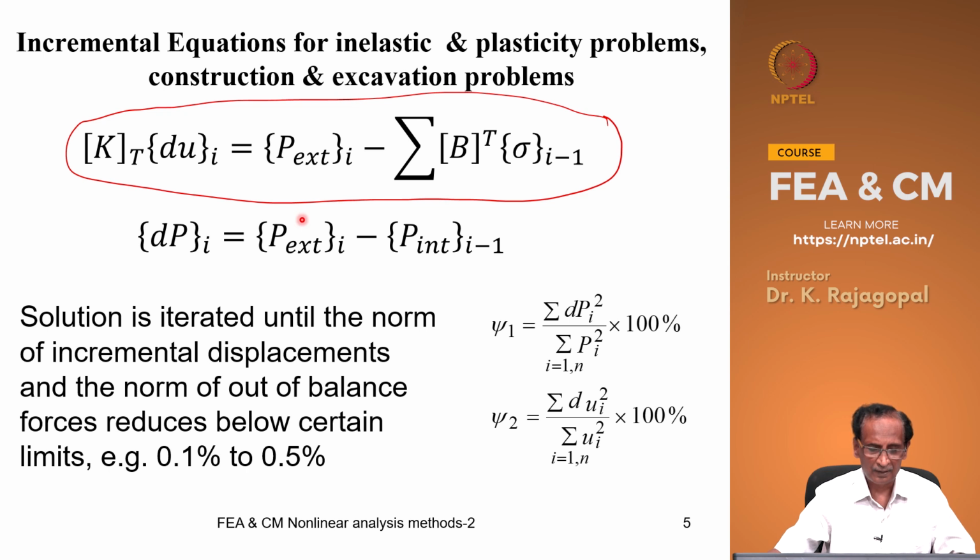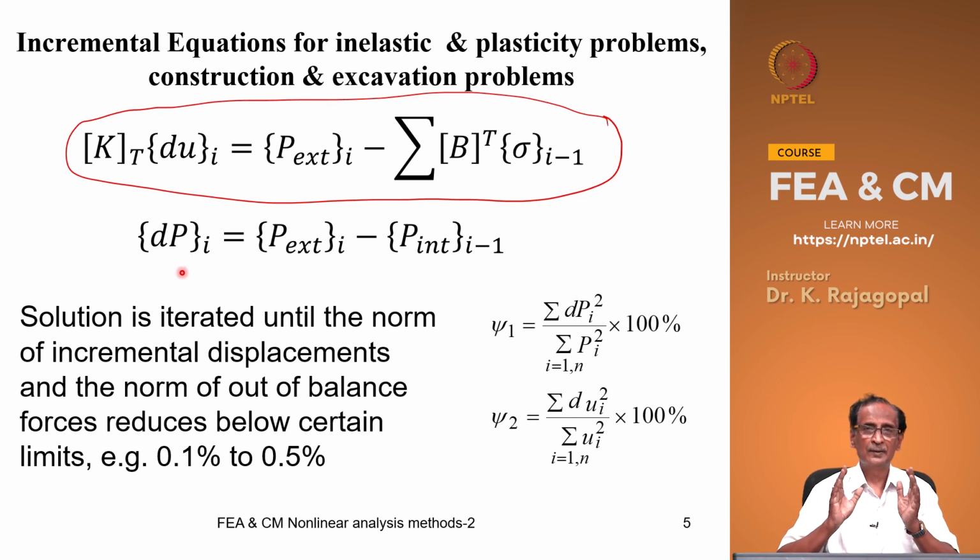And then when we are iterating, we have to monitor the incremental displacements and the out of balance force. dPi is the out of balance force, the difference between the applied force and the reaction force, and in the ideal case this should be 0, and that is what we get in the case of linear elastic problems.